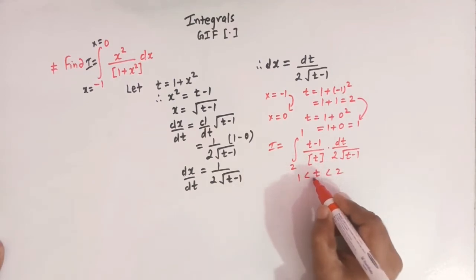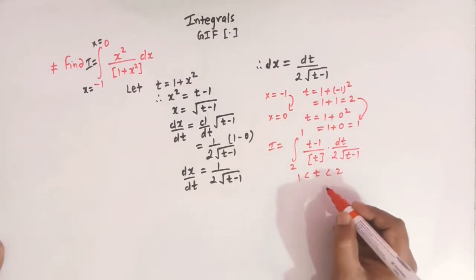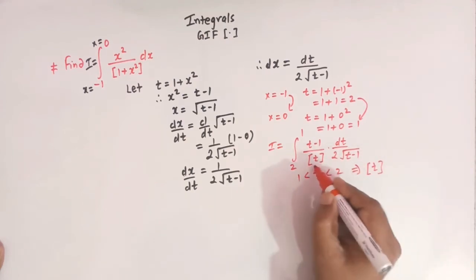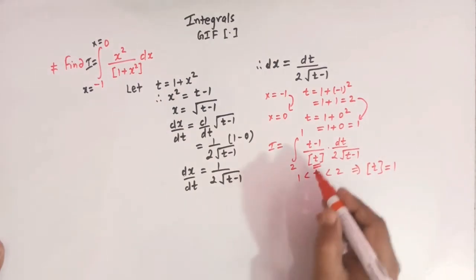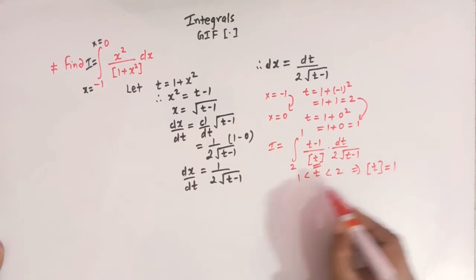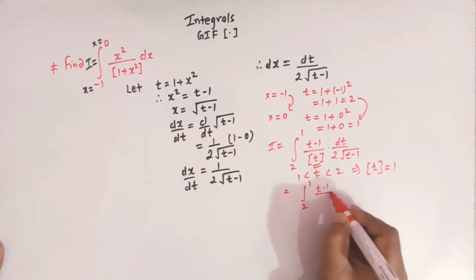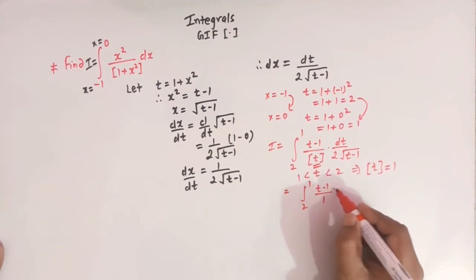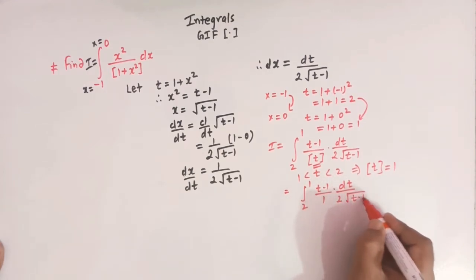When t lies between 1 and 2, then from the definition of the greatest integer function, the greatest integer of t is equal to 1. So the greatest integer of t can be replaced by 1. We have 2 to 1, t minus 1 in the numerator, 1 in the denominator, and dt over 2 times square root of t minus 1.